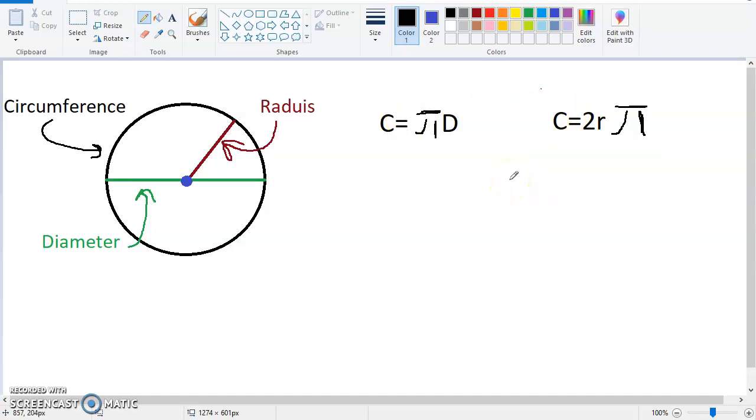Alright, so let's get into some examples. Let's say I gave you a circle with a diameter of 5, and I'm just going to draw it so you see what I mean.